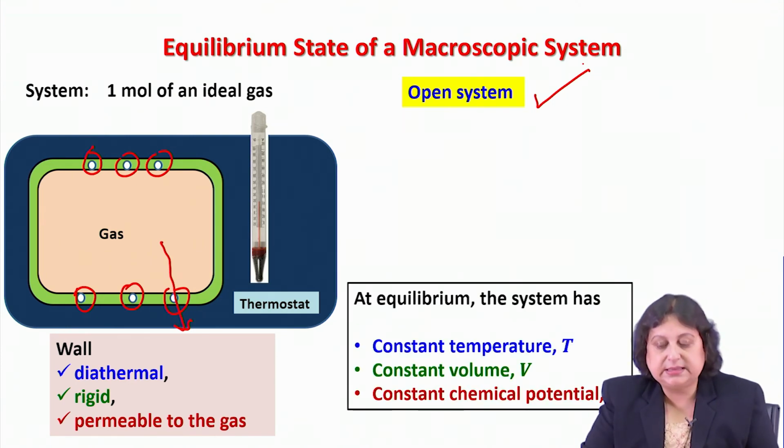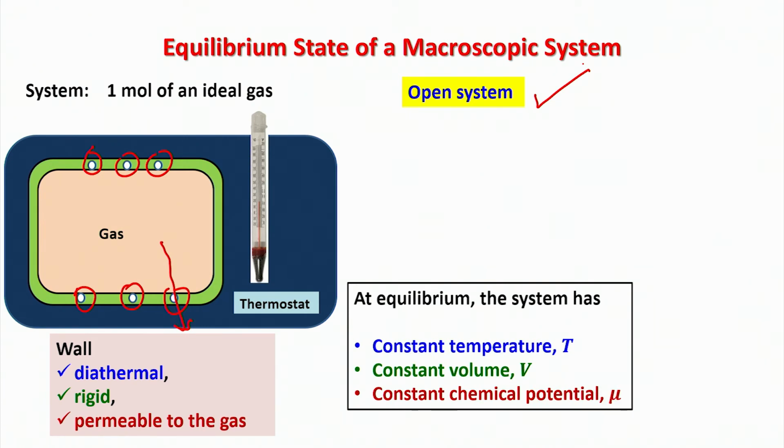And in this case the system at equilibrium has a constant temperature, constant volume, and the third variable is a new variable. It is no longer the number of particles, but rather it is chemical potential.